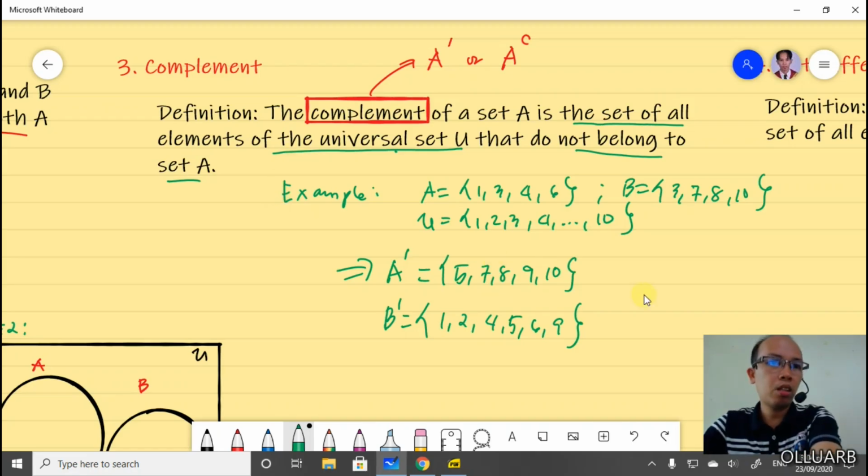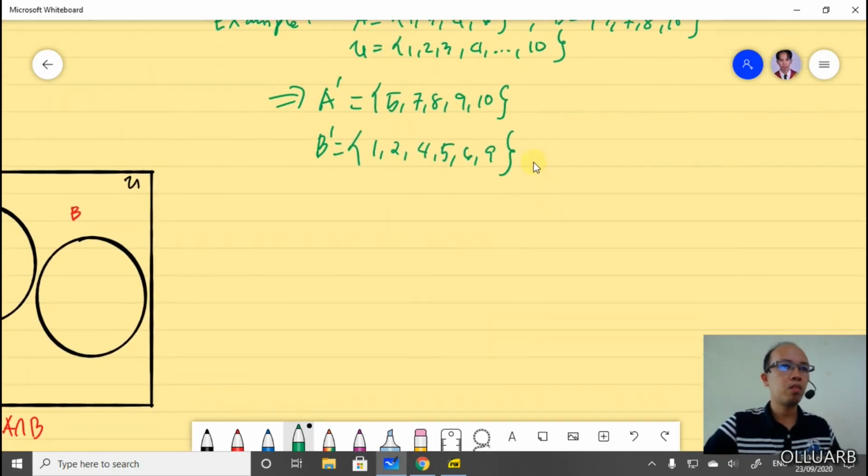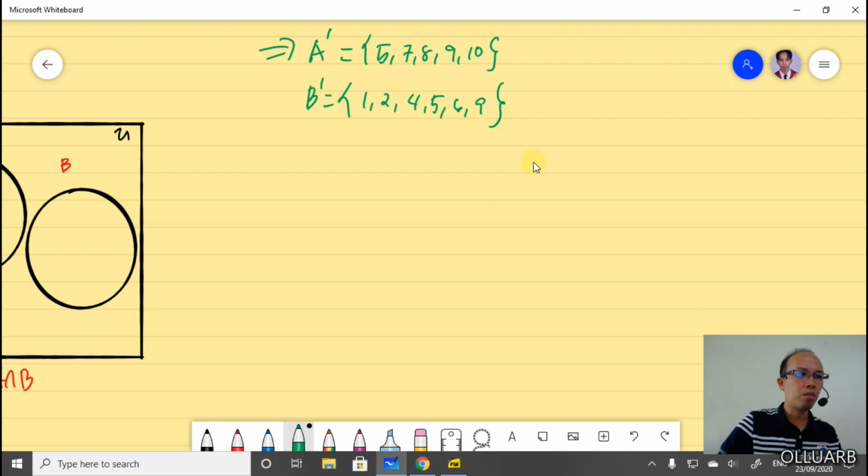And the Venn diagram for the complement. We have only one case.